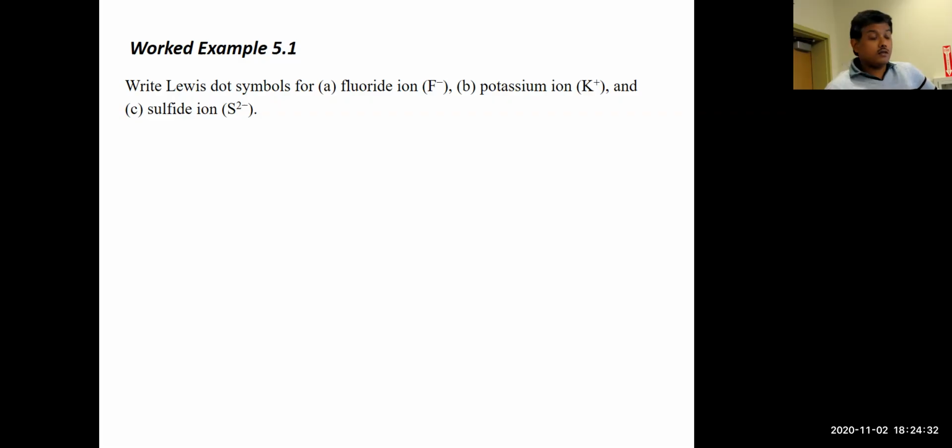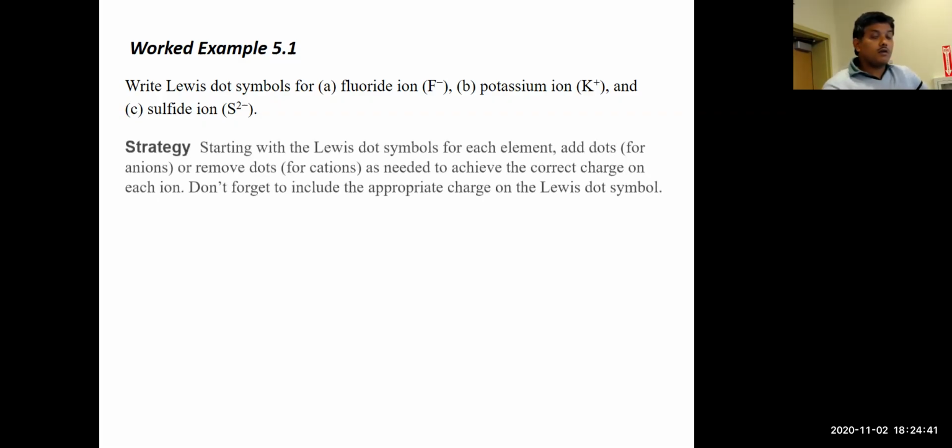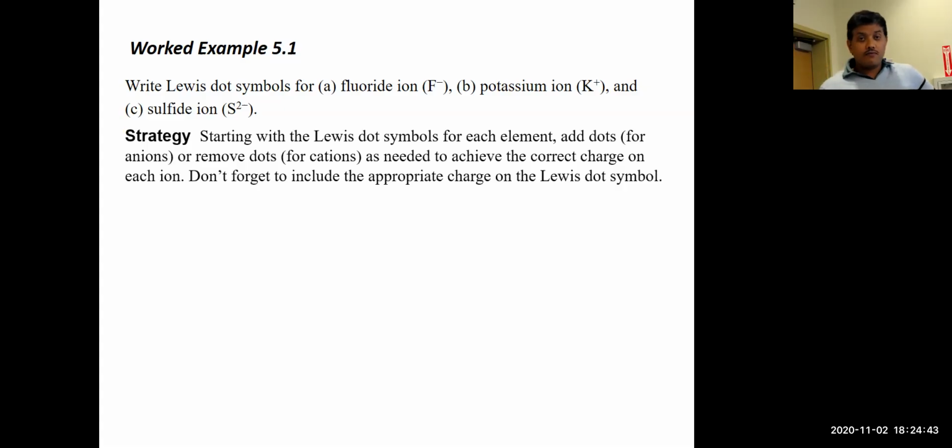Fluorine has 9 electrons, and if you write its electronic configuration, it looks like 1s2, 2s2, 2p5. By saying 2s2, 2p5, we are saying fluorine has 7 valence electrons of its own as a neutral atom. Those 7 look like 3 lone pairs and a single dot.